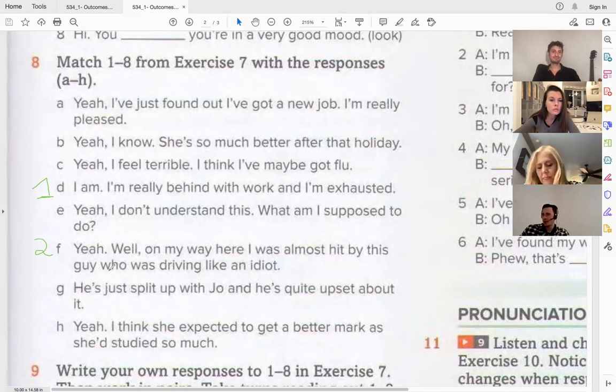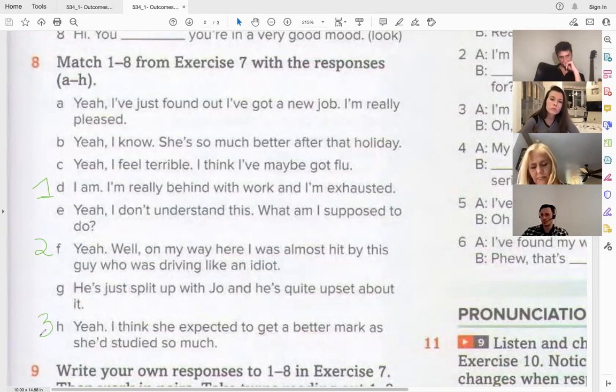Is Julie okay? She sounds disappointed when I spoke to her, and it was H. I think she expected to get a better mark as she'd studied so much. Yeah, that's right.